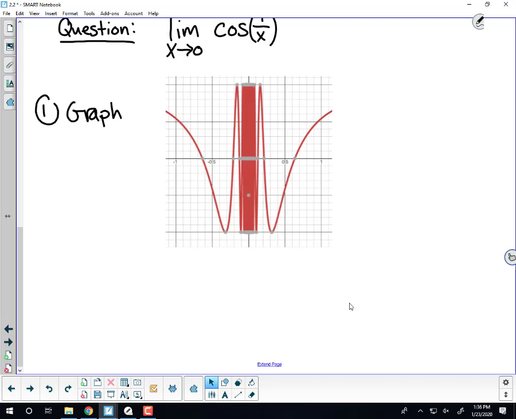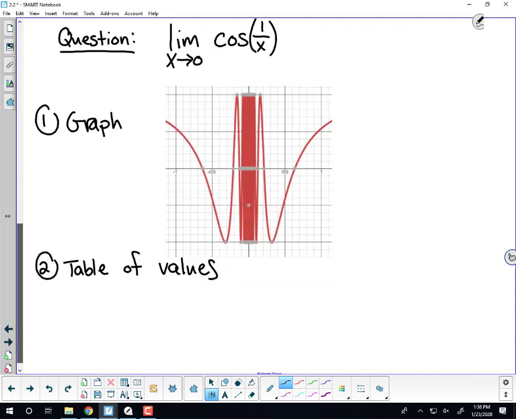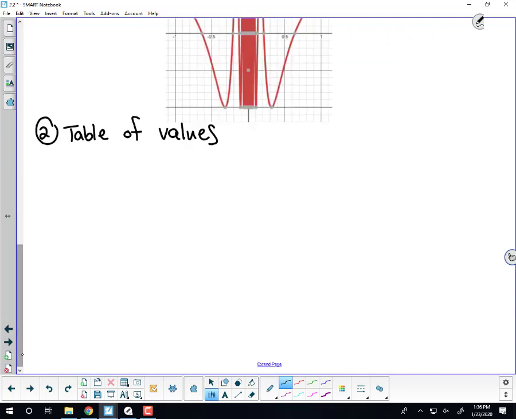So let's try then a table of values. We'll calculate a few values to the right of 0, just to see if we can get an idea. So we'll have x, and then we'll compute cosine of 1 over x.